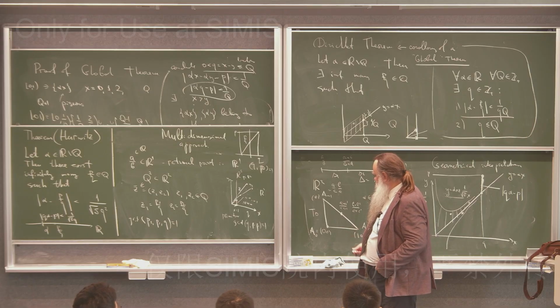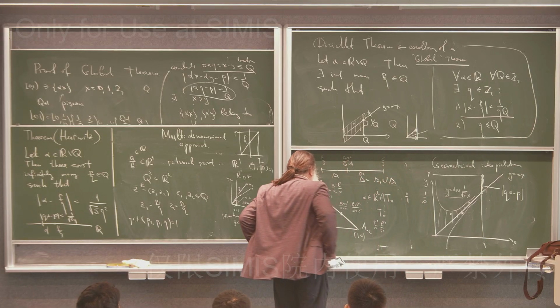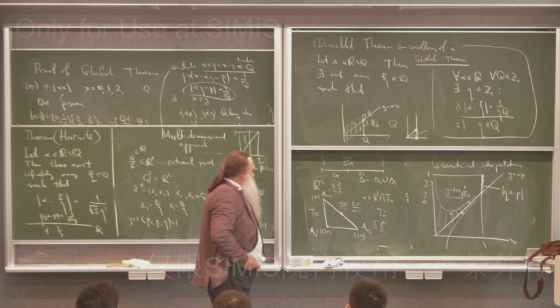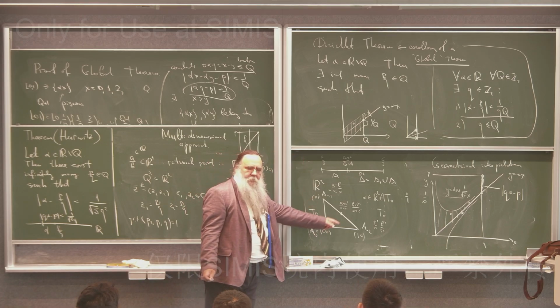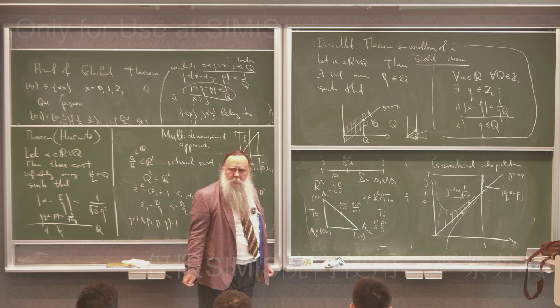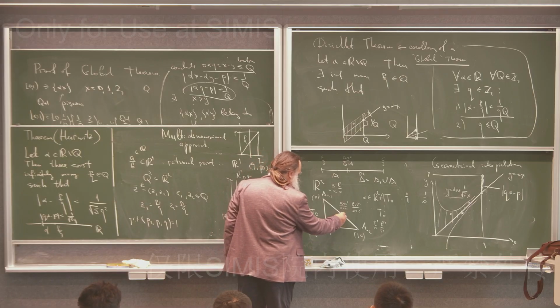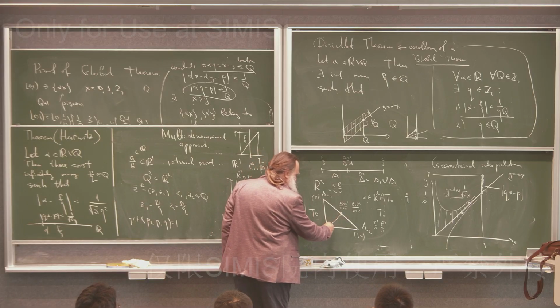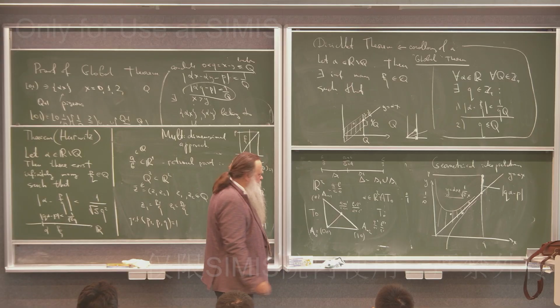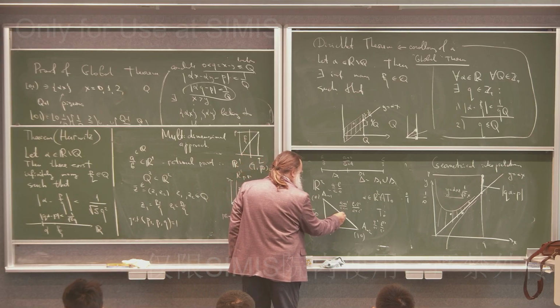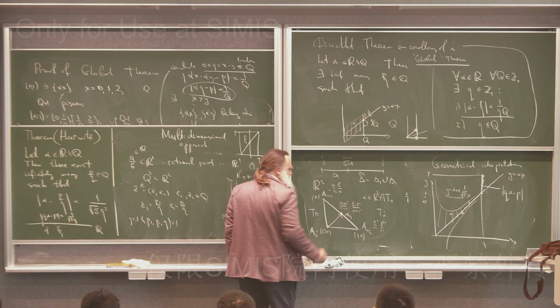Then I divide this triangle into two triangles by considering this edge. And this will be A1.